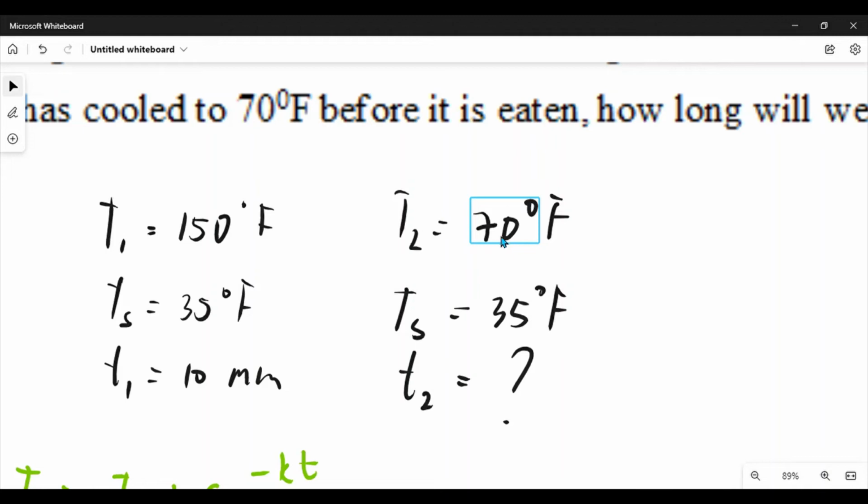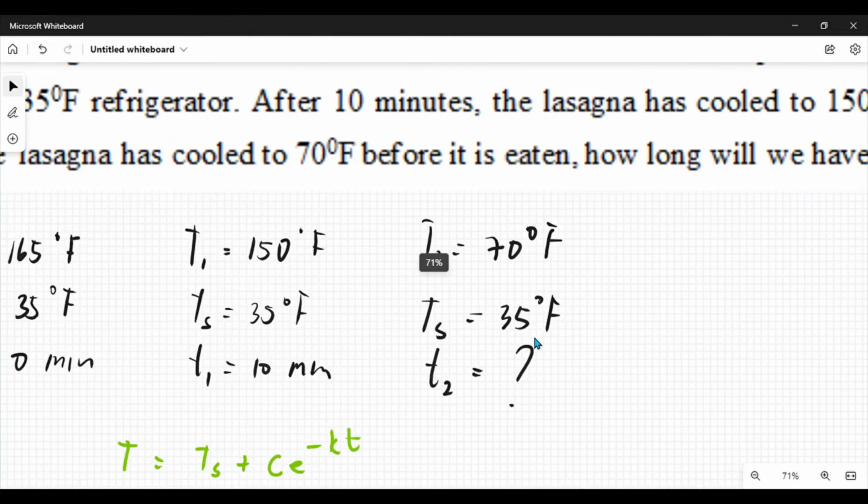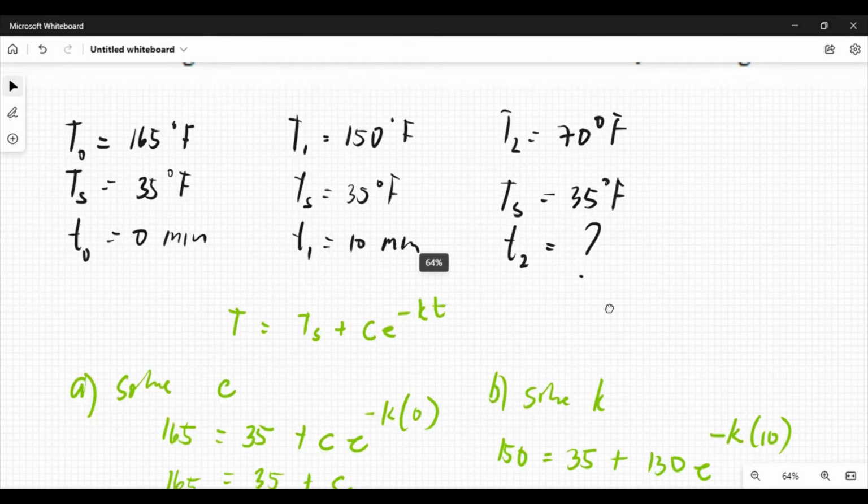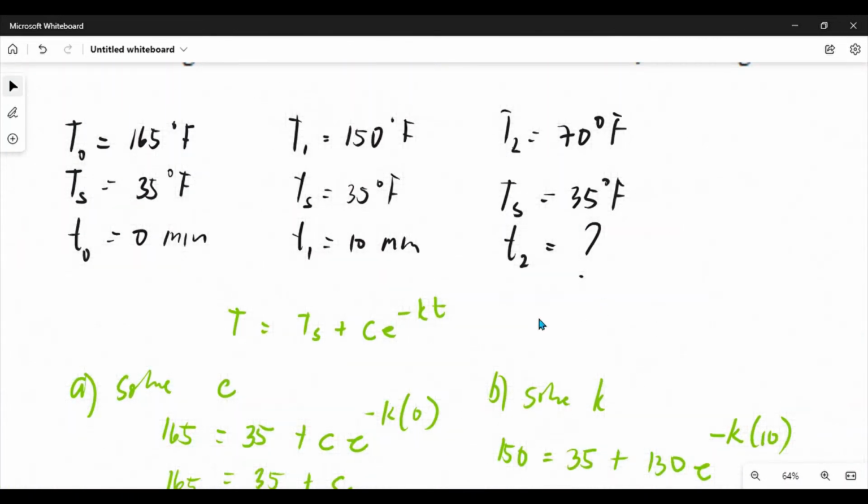That is the desired temperature of the lasagna before it is served, for example, to our guests. The temperature of the surroundings is still the same, 35 degrees Fahrenheit, and we want to determine the time it takes for the lasagna to cool down to 70 degrees Fahrenheit. That's what we're going to compute.